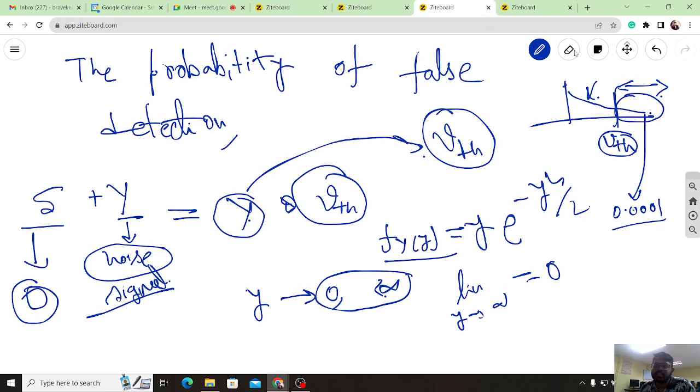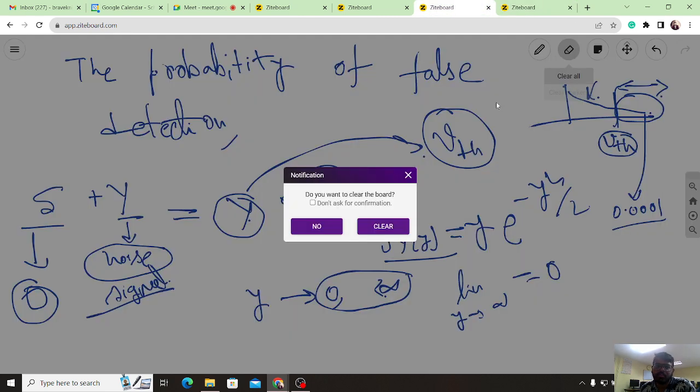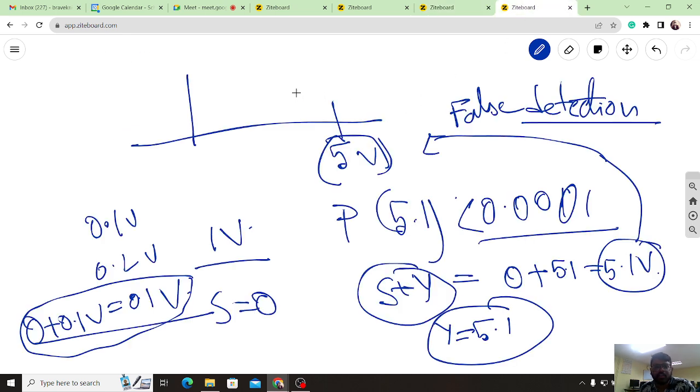So for such reason, we have to see that from V to infinite, this is V, and it goes like this, and this is VTH.